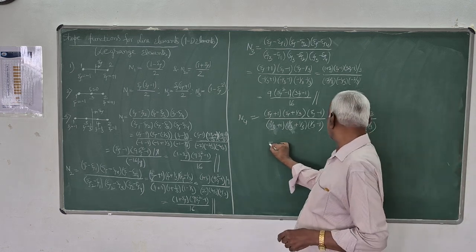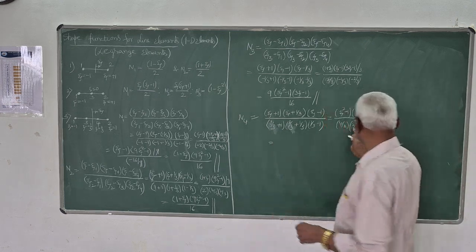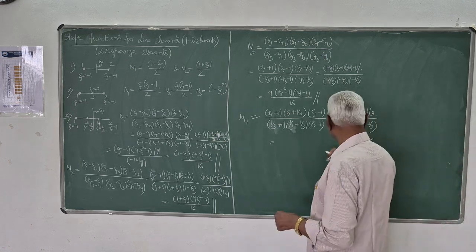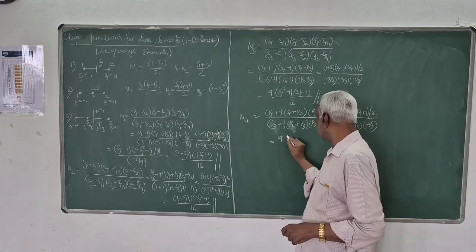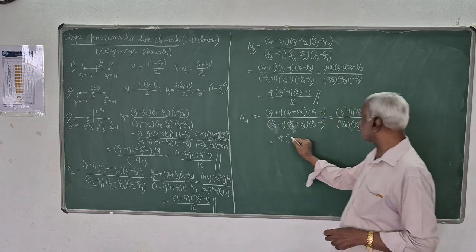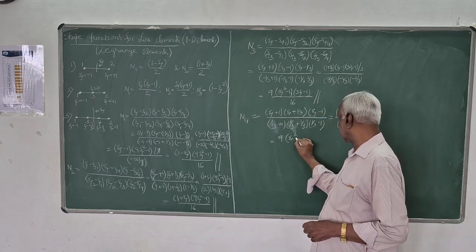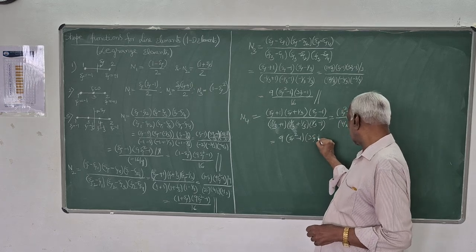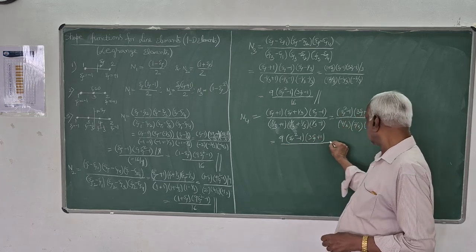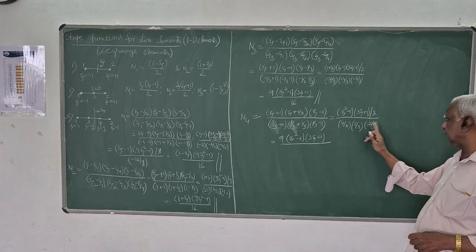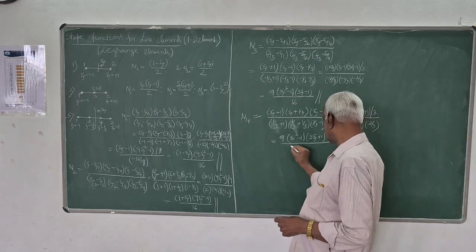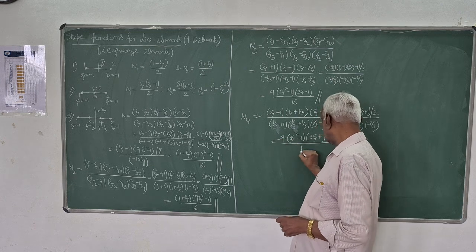So this will be 9, 3, 27, here 3, 9. So this is 9 into (psi square minus 1) into (3 psi plus 1) divided by 4 into 8 into 16. So that is minus 16. So this will be minus.